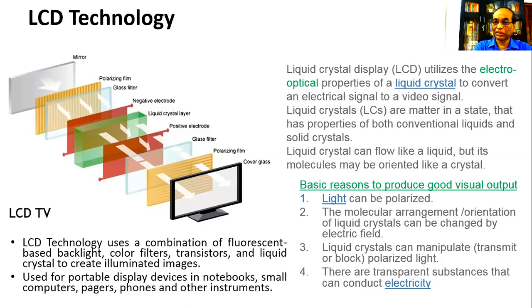There are transparent substances that can conduct electricity. So there will be transparent substances for the conduction of the light and the conduction of electricity. So these are the very constructional features of the LCD.